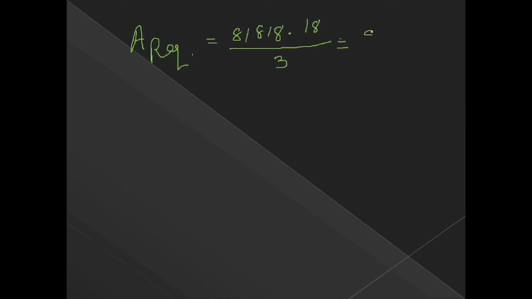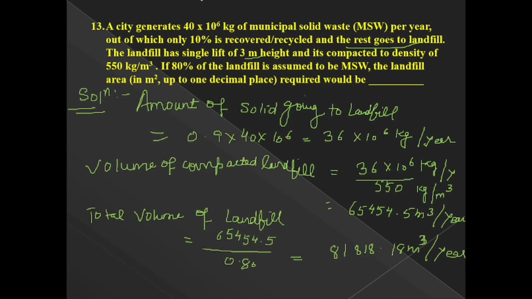So that is equal to 27272.7 meter square per year, which is the area of the landfill required. Okay, my dear students, this was our question number 13. So our answer is 27272.70 meter square per year. Please note it down fast.